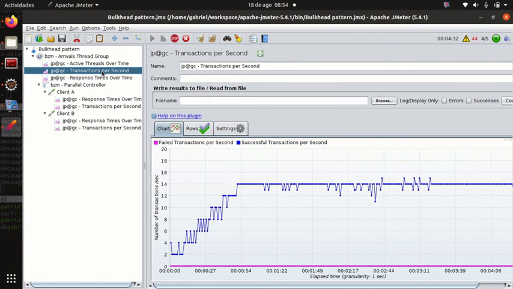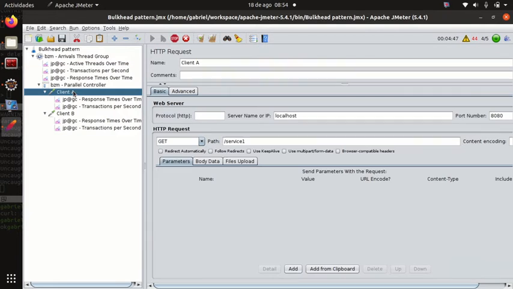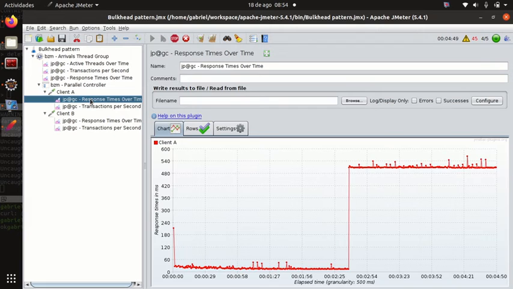Let's check the transactions per second. And the whole application is still processing 14 transactions per second. So clearly we have a problem in a service that impacts one of our clients, in this case client A.